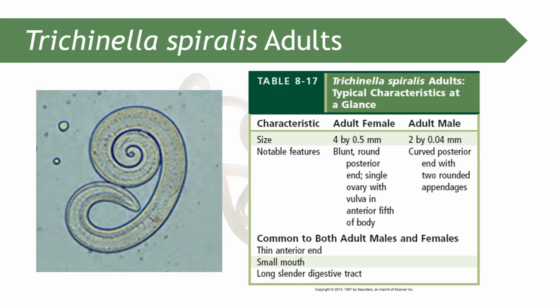Now, this is true to both male and female Trichinella spiralis: thin anterior end, smooth, small mouth, and long, slender digestive tract.